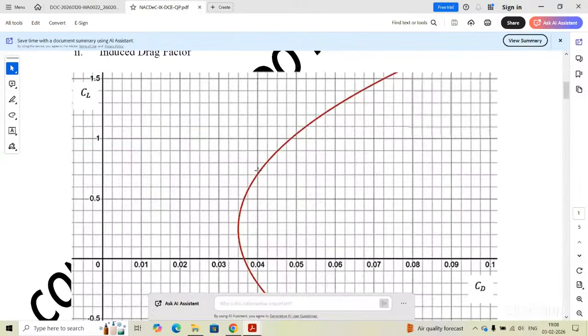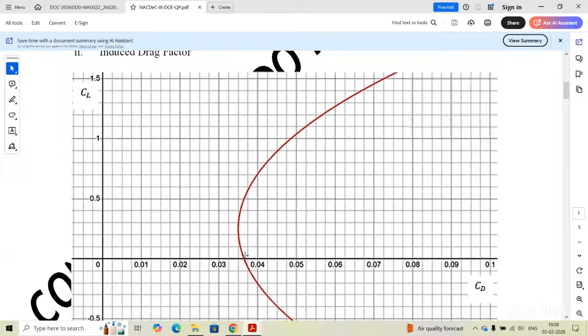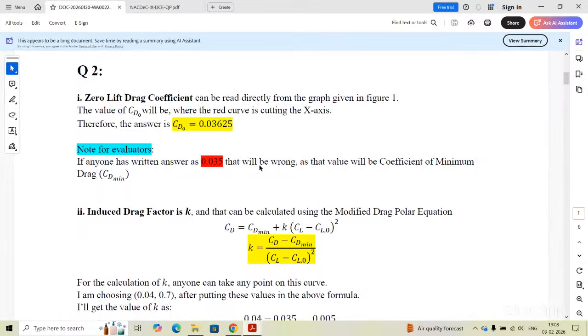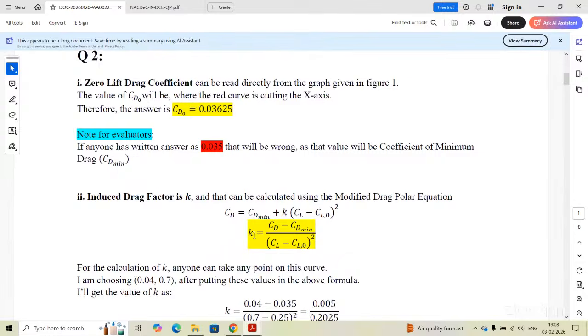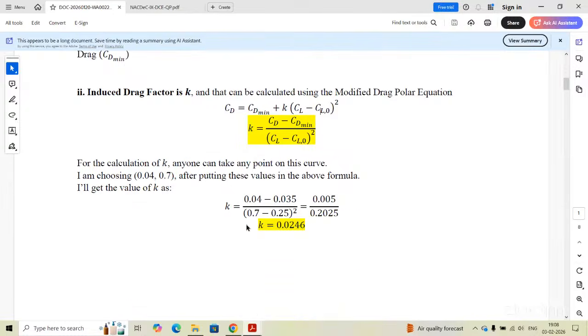Where this red curve is cutting the axis, that will be the value of CD naught, not the minimum one. And to calculate the induced drag factor, they have to use this equation in which all the parameters can be read from the graph, and they can calculate the value of k, which will come out at around 0.0246. So it will be nearby 0.024, 0.023, 0.025 or something.